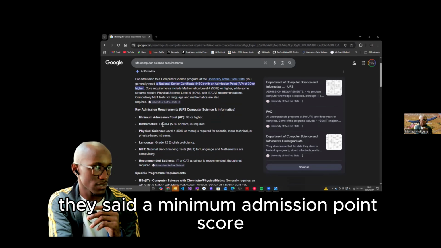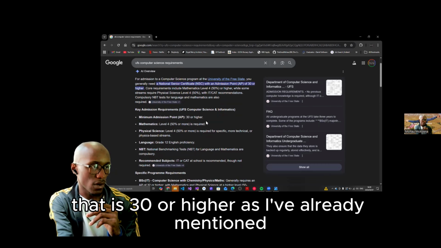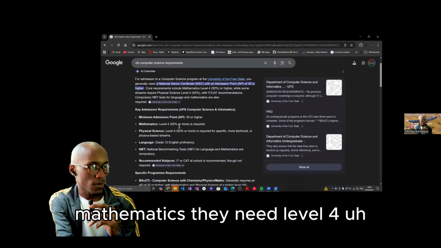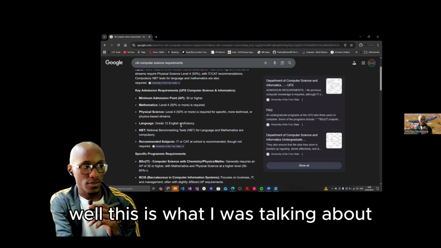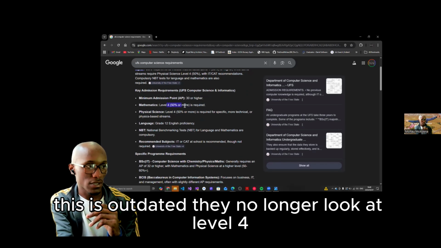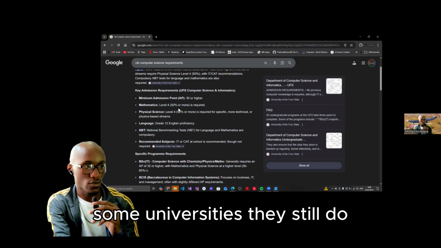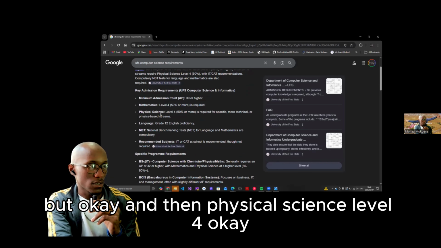So we'll just check. They said a minimum admission point score that is 30 or higher, as I've already mentioned. Mathematics, they need level 4, 50% or more. So level 4 is 50%. Well, this is what I was talking about. This is outdated. They no longer look at level 4. Some universities still do. And then physical science, level 4.